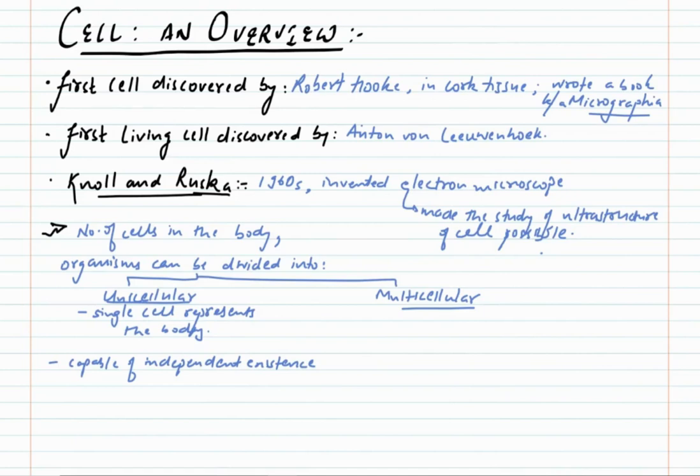In multicellular organisms, there are many cells in the body, and there is division of labor between various types of cells. That is, various cells in the form of various tissues perform different functions.